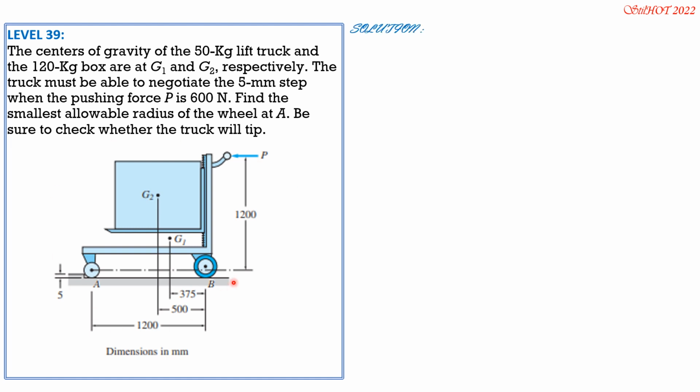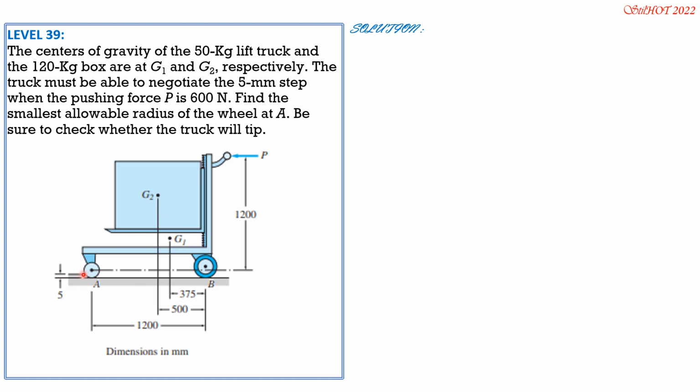So for the solution, let's solve for R when this lift truck will tip over this corner here. If it will tip over this corner, then there will be no reaction at A, no reaction at B because it will tip.